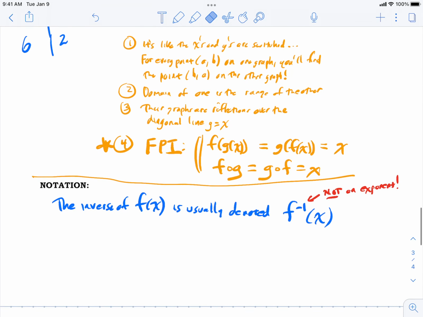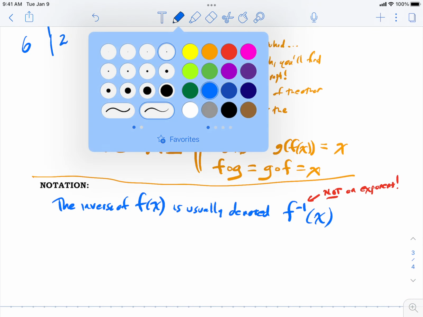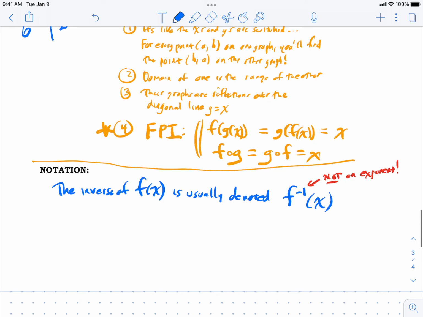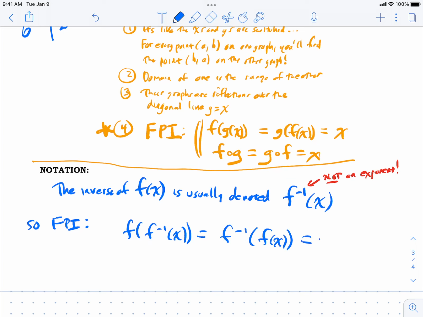So, just to restate the fundamental property of inverses one more time. You could say that if you plug the inverse into the function, or you plug the function into the inverse, you get just x.